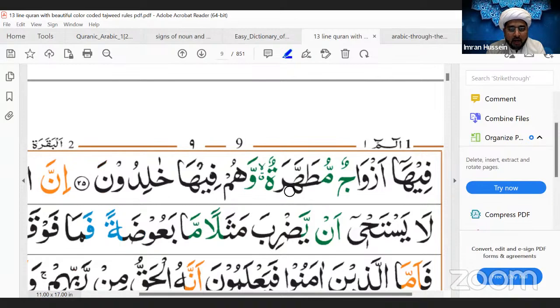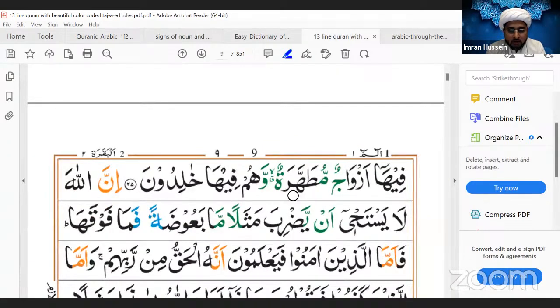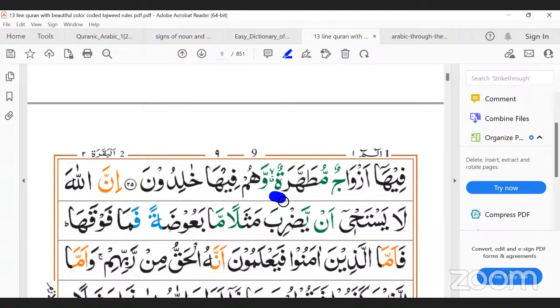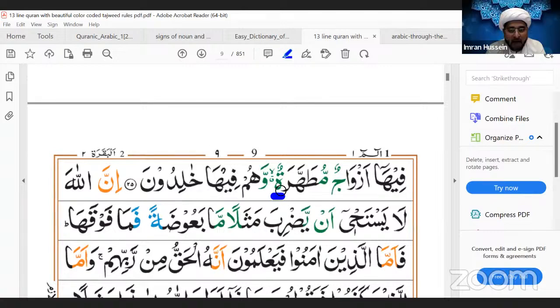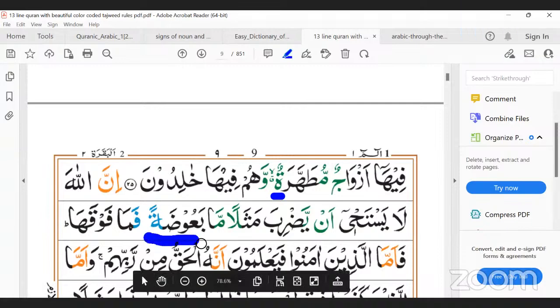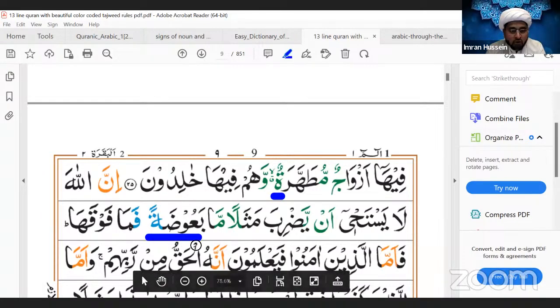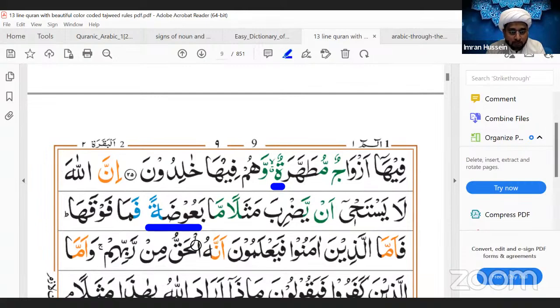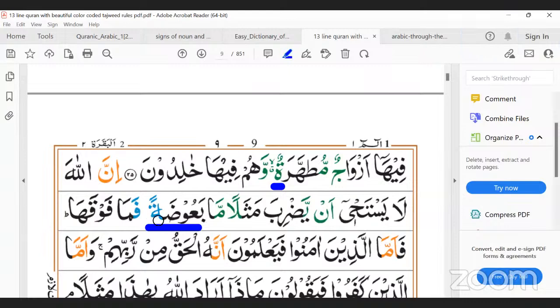Mutahharatun means pure, cleansed. Here the word mutahharatun has a ta marbuta, and plus it has a tanween on the last letter. These are the two signs of a noun. And also this word here, ba'udhatun, mosquito.